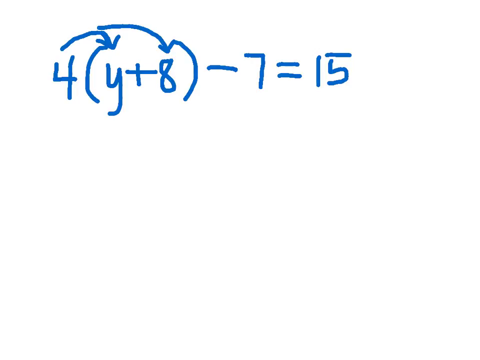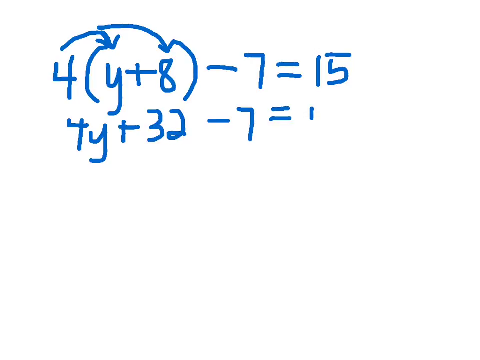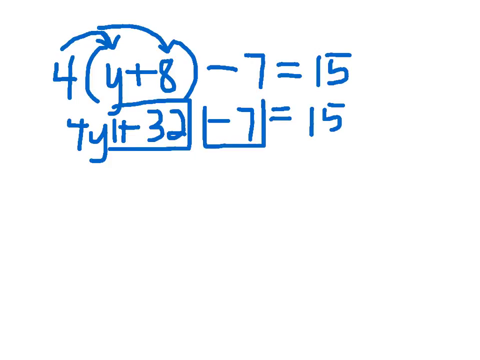In other words, 4 times y is 4y. 4 times 8 is 32. And then minus 7 is 15. From there, you might see that you have some like terms. Constants are like terms.